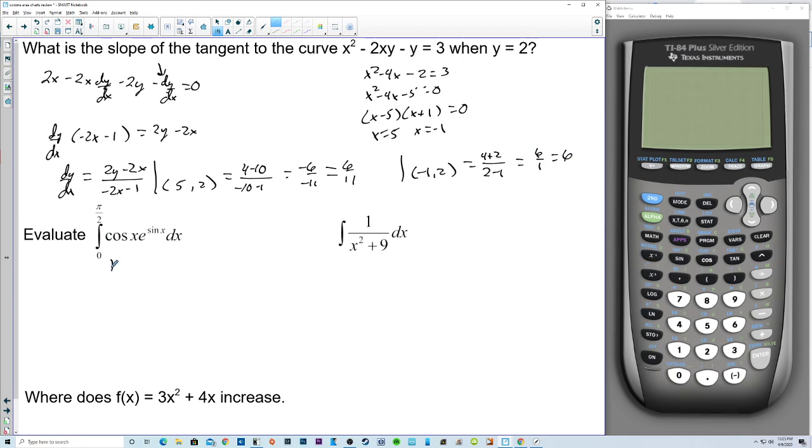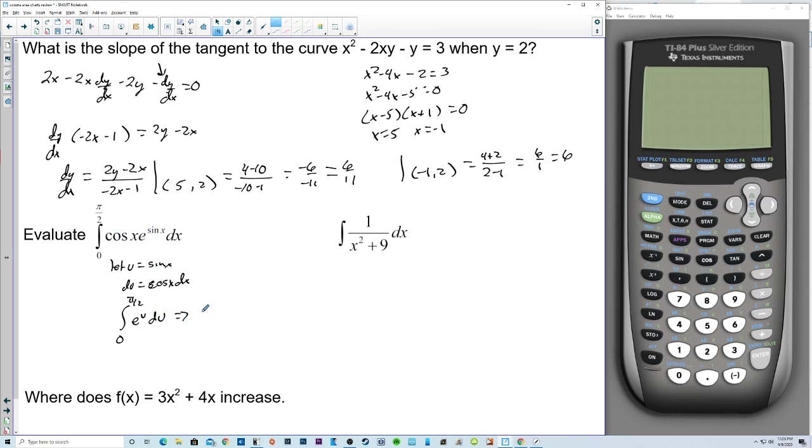Evaluate. Well, we can let u equal sine of x. Du is equal to cosine of x dx. So that means we're integrating from 0 to pi over 2 of e to the u du, because cosine dx is du and sine of x is u.